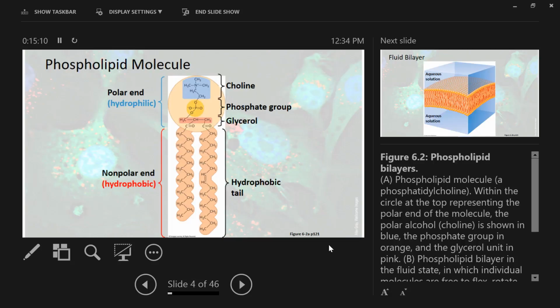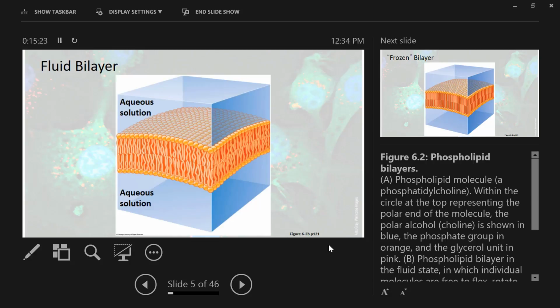So here's a phospholipid. Here's our polar or hydrophilic end, our phosphate group. And then here are our fatty acid tails forming the hydrophobic or nonpolar part. And so here is the spontaneous membrane that will form in water.